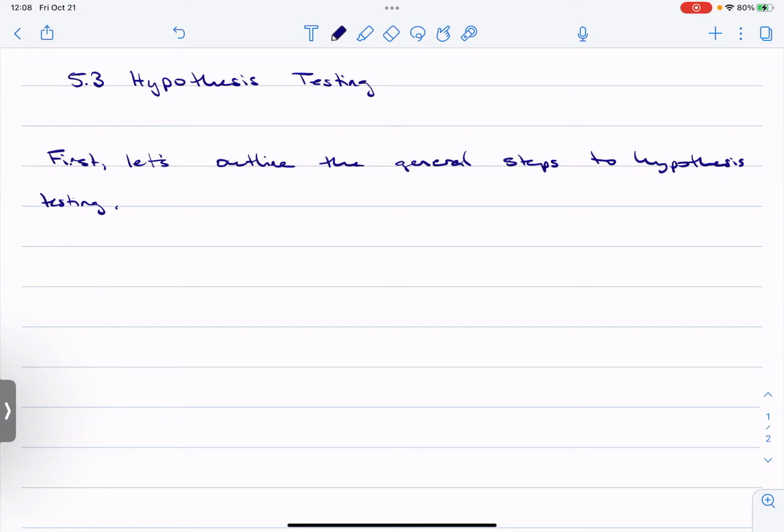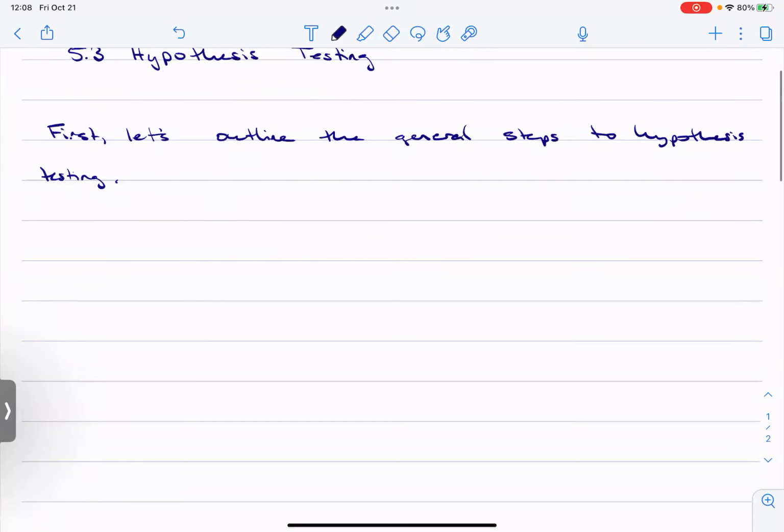You need more than half the votes in order to win, and so that's going to be hypothesis testing. But just so that you are aware, we will go back and fill in all the details.